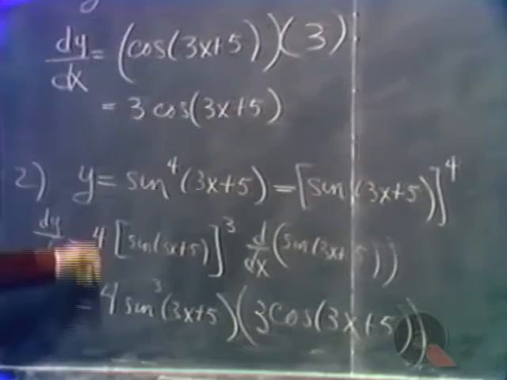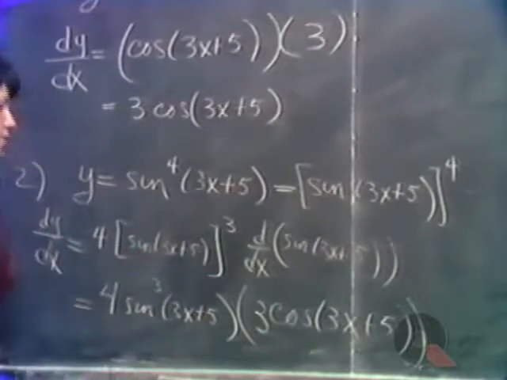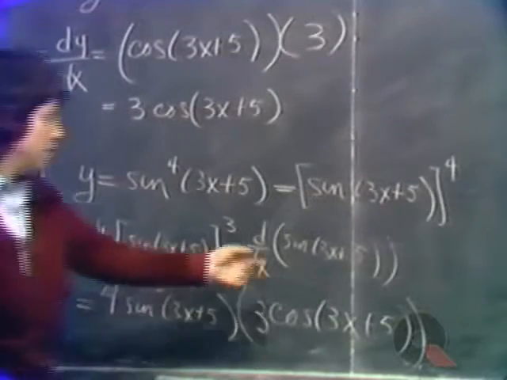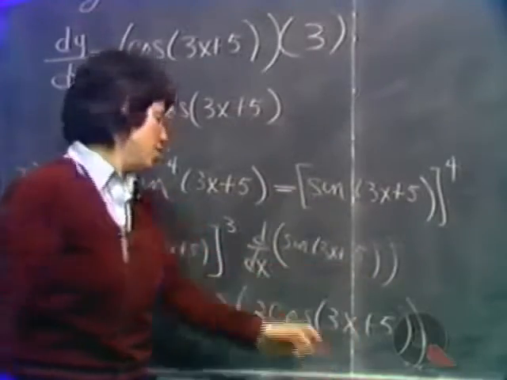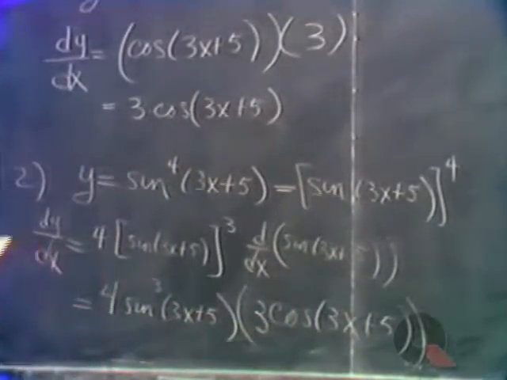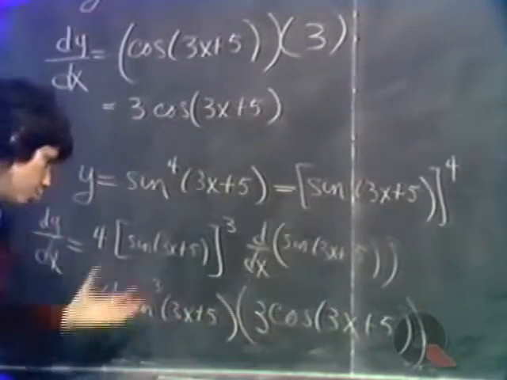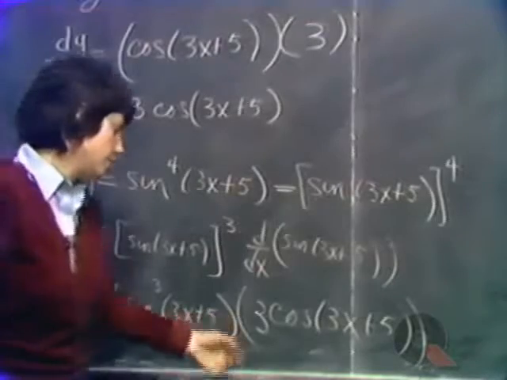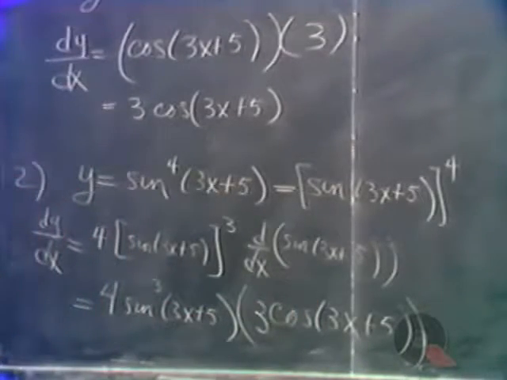So we have power, function, one less power, derivative of the inside, and the derivative of sine of something is cosine of something times the derivative of the something. If you want, you can write this as 4 times 3, 12, sine cubed of 3x plus 5, cosine of 3x plus 5. You can combine the 4 and the 3.